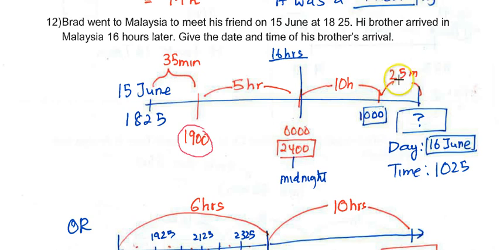Now take a look, this 25 plus 35 should give you 1 hour. All right, here is 15 hours. 5 plus 10 is 15 hours. The side gives you 1 hour. Total should be 16 hours. Now this is a bit complicated, but you can do it this way or do it the other way around.